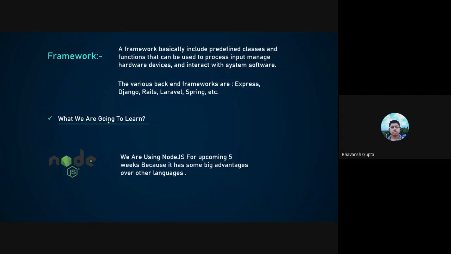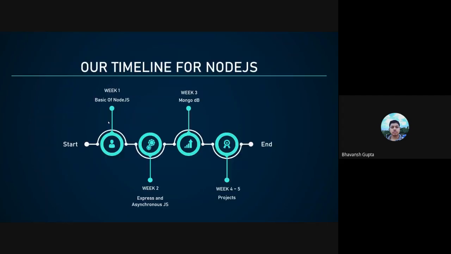So we are using Node.js for the upcoming 5 weeks because it has some big advantages over the other languages, which we'll talk about in the next slides. So here's our timeline for the Node.js sessions. This is week 1, and we'll take you through the basics of Node.js.